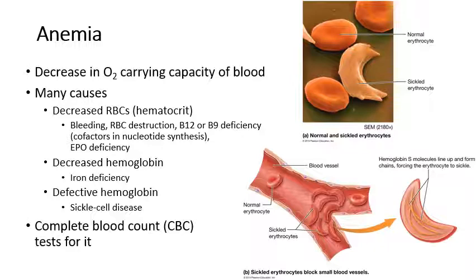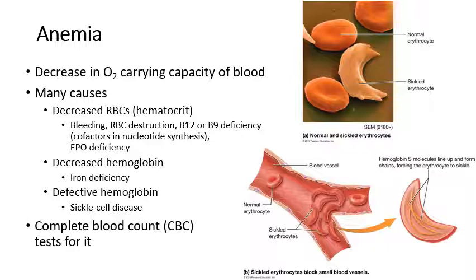Maybe you do have enough red blood cells, but there's something wrong with them, or they don't have hemoglobin in them, or the hemoglobin that they have isn't formed right, so it can't hold oxygen well. All of those things are going to give you a decreased oxygen carrying capacity of the blood and cause anemia.